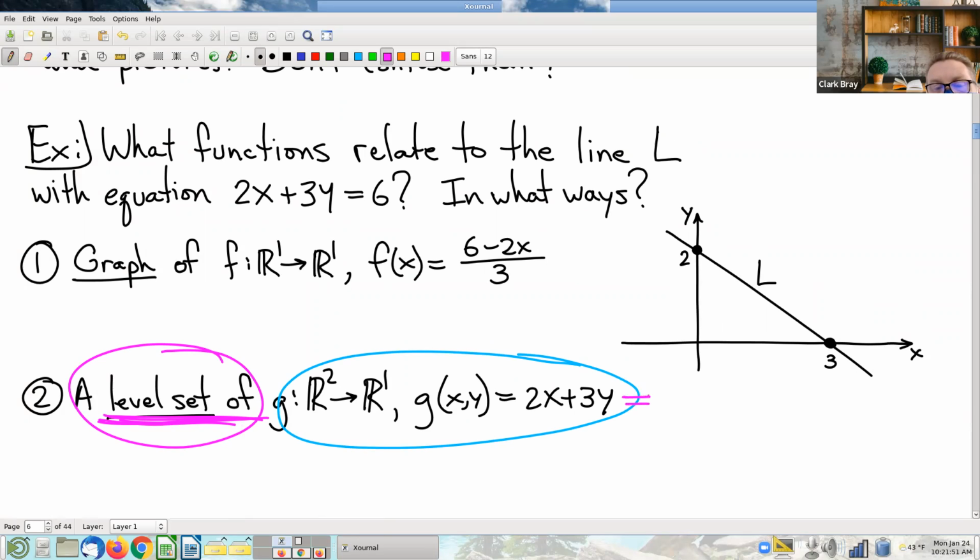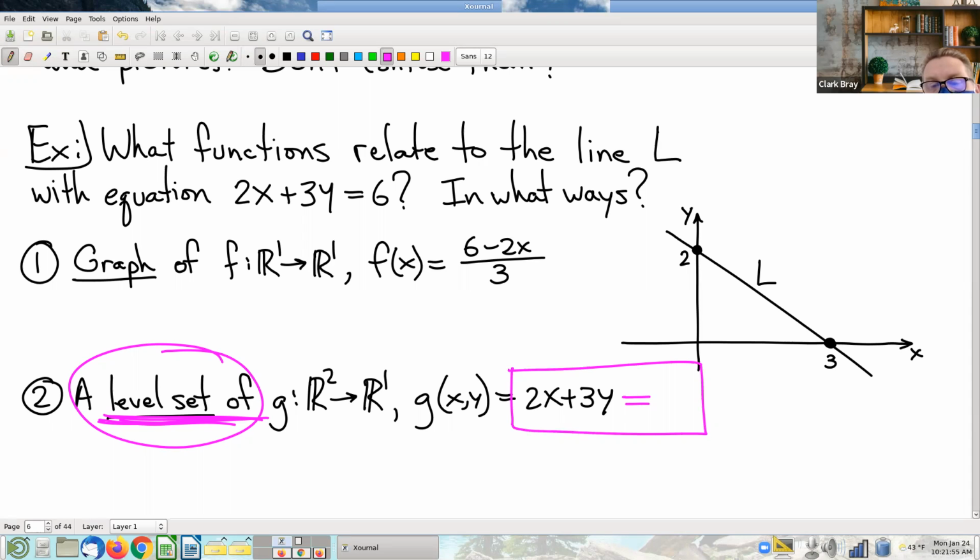Is it the case that I can set this function equal to some constant and recover this equation? Yeah, sure. And in fact, there's a very particular constant. It happens to be 6 here. But yeah, absolutely. Does that answer your question? Yeah. Yep.